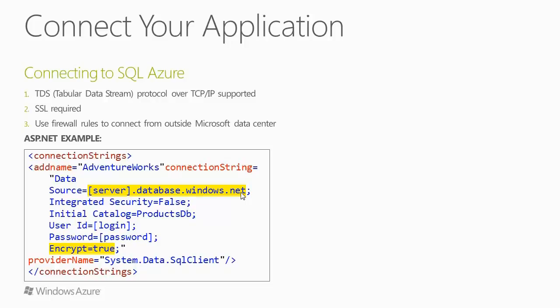You must have that in your connection string to be able to connect, because only secure SSL connections are supported to connect to SQL Azure. So again, use the fully qualified domain name for the server name, and Encrypt=true in your connection string. This will help ensure a secure connection between your application and SQL Azure.